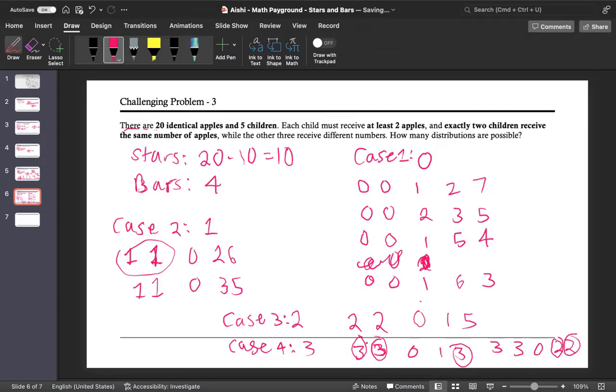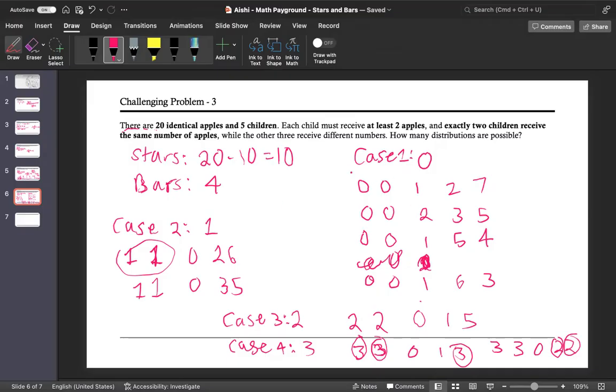But that's not our answer because we wrote these in a certain order. But let's pretend for a second that all of these numbers are different objects, and there are 5 children. So let's think in permutations. We have these 5 objects, and how many ways can I distribute these to 5 children?